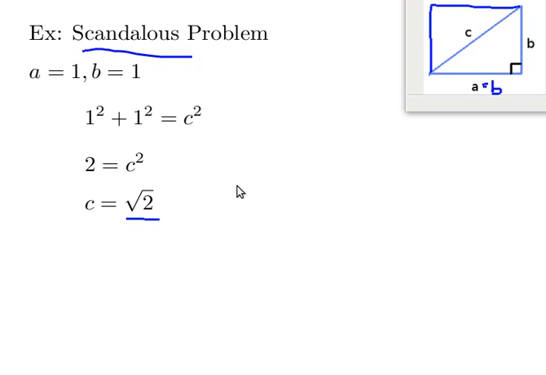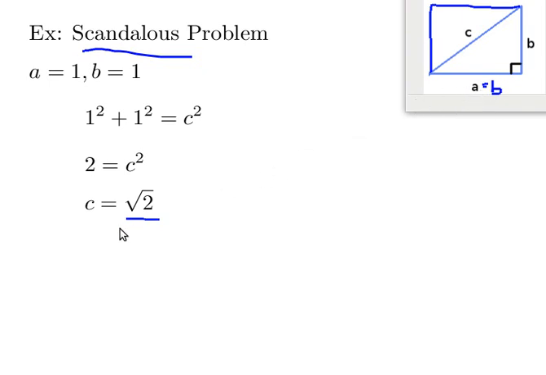And one of the basic beliefs of the Pythagoreans was that any number can be expressed as a ratio of two whole numbers. So that means you can express any number as a fraction. But they discovered the Pythagorean theorem, and they used it to find the length of the diagonal of a square with side length 1.